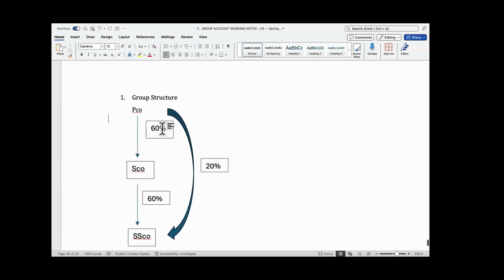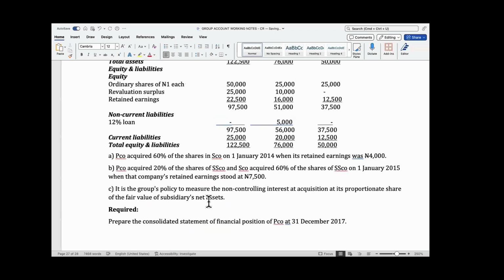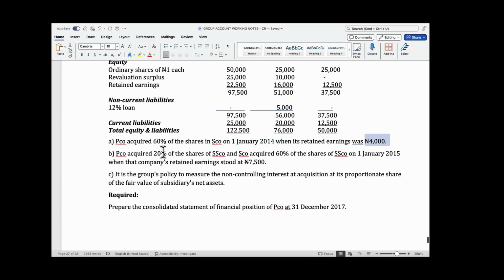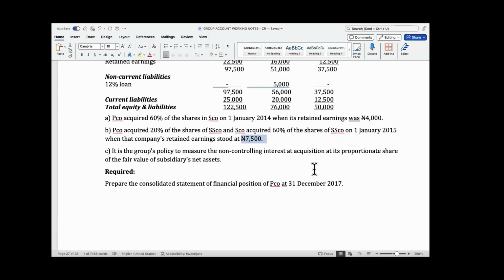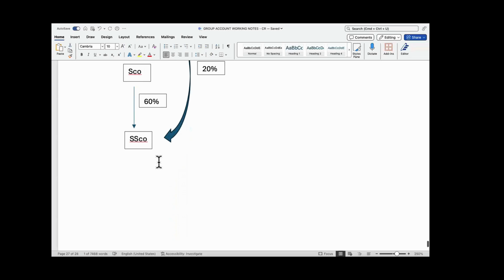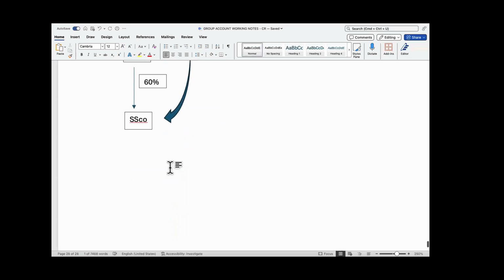And the date of acquisition, you have to note it, so that you will know which pre-acquisition you are going to use. The aim of the date of acquisition is just to know what the retained earnings at acquisition is. For ESCO it was 1st January 2014, and for SSCO it was 1st January 2015, with 75. Okay, and it's a little straightforward in this case.